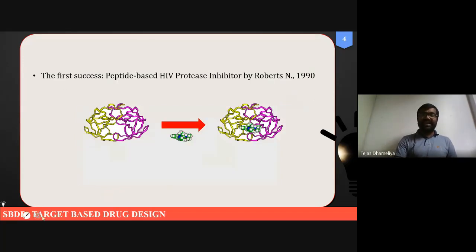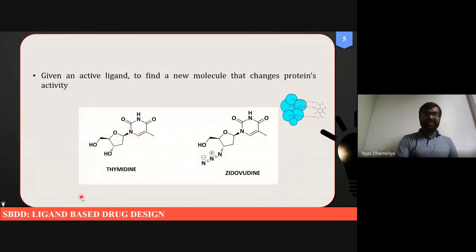There is a difference from target-based drug design. In target-based, we are dealing with the structure of the protein, the virus enzyme or the receptor, and in ligand-based drug design we are dealing with the structure of the inhibitor, the structure of the ligand, or not only one ligand, it can be more than one ligand. So this approach is called ligand-based drug design.